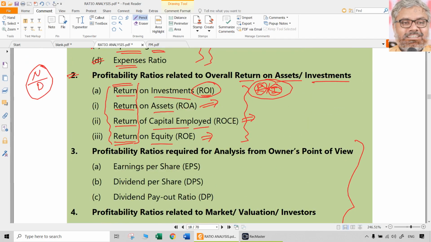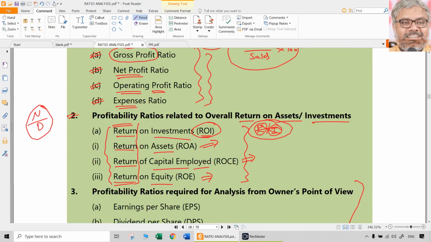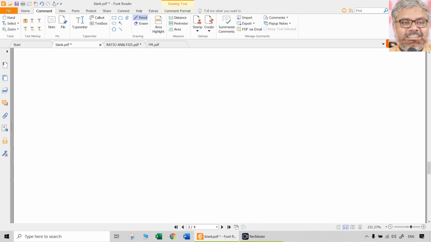See, so far most of the things that we are looking at, whether it is liquidity ratios, who wanted them? Mostly the lenders. That too, short-term lenders want to look at liquidity ratios, and creditors will like to have liquidity ratios. Internally, the organization also will require all the ratios, and they will be calculated by the management also, so that they can understand what is happening in the company. But the external parties like lenders and short-term lenders, banks, will look at liquidity ratios.